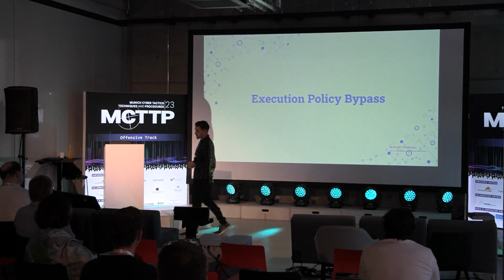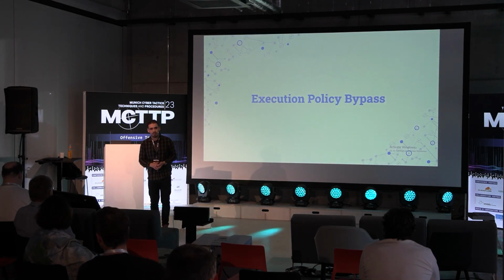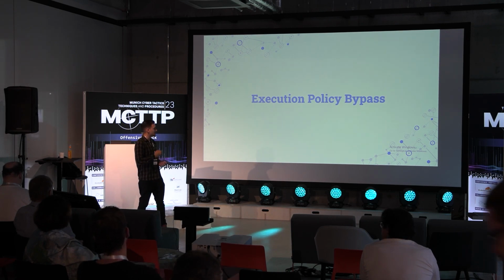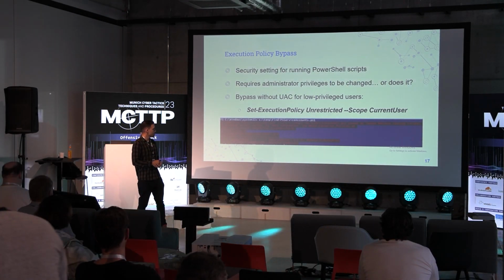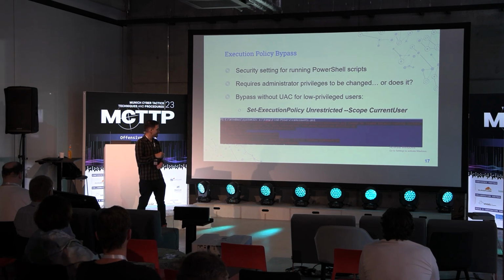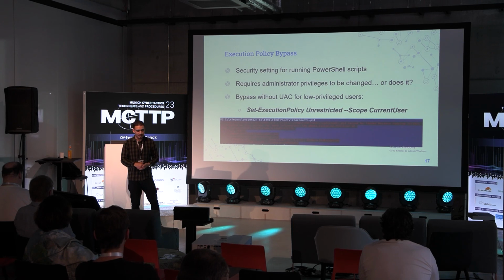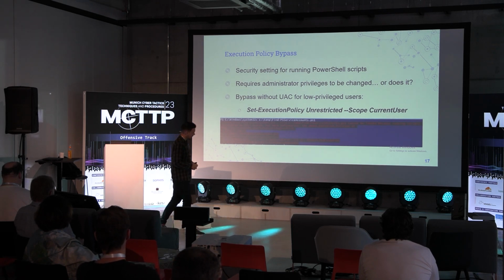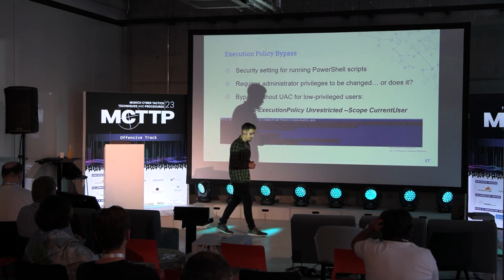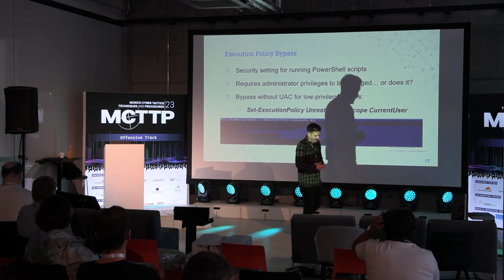So we have the script here, and then let's see how our attacker bypassed the low privilege account. Basically, have you run into this error before? I mean, it's pretty common. It's an error that is the result of the enforcement of the execution policy.